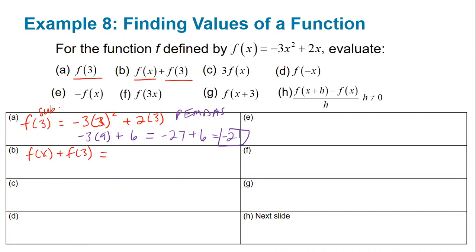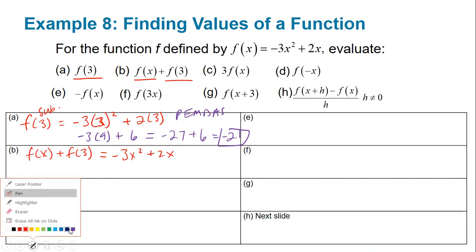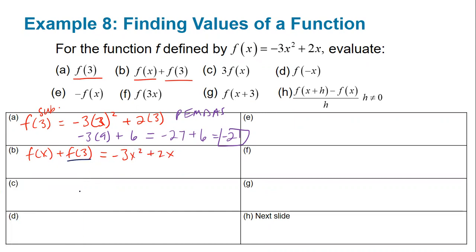Well, what is f of x? Well, f of x is negative 3x squared plus 2x. Now, it says plus f of 3. Well, do we know what f of 3 is? Negative 21. So where it says plus f of 3, I'm just going to write negative 21.